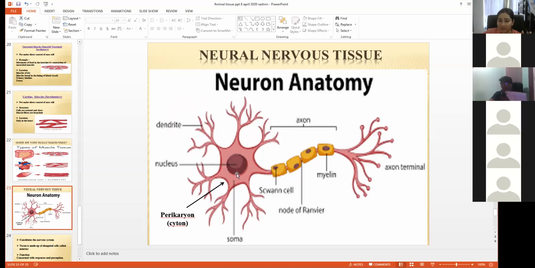And when it is processed, it will go on from here and it will end in the axon. Now, what will the axon terminal do? This axon terminal is attached to another neuron.